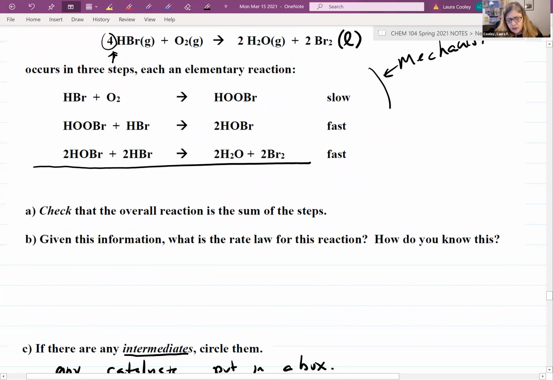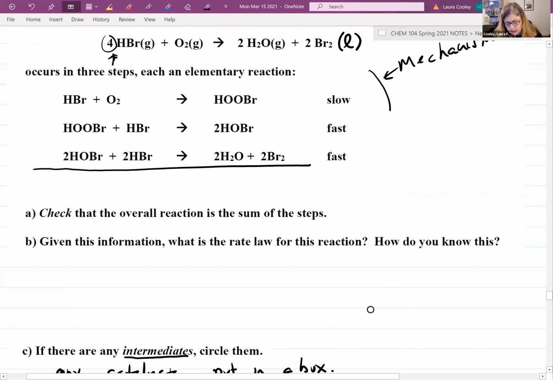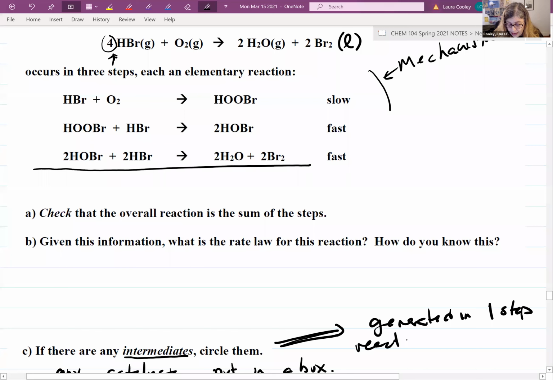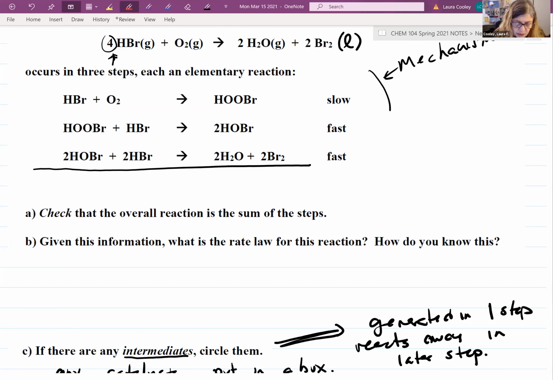So when we look for intermediates, what are we looking for? An intermediate is generated in one step and then reacts away in a later step. Okay, so give me an intermediate in this reaction.